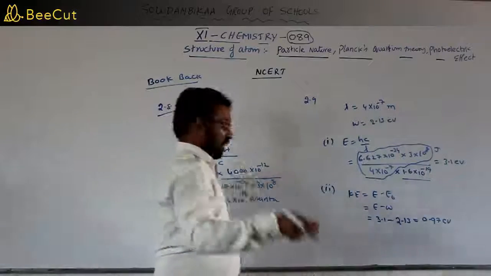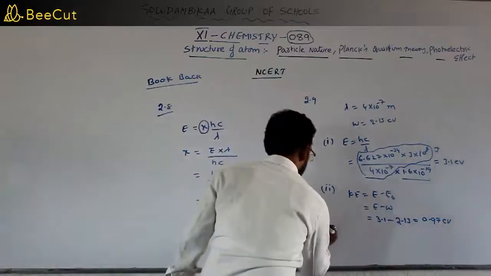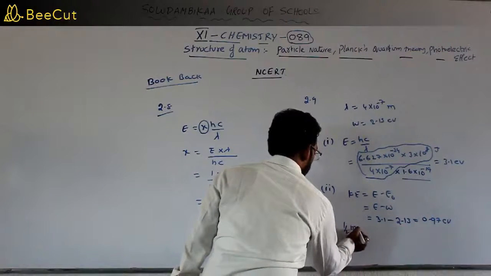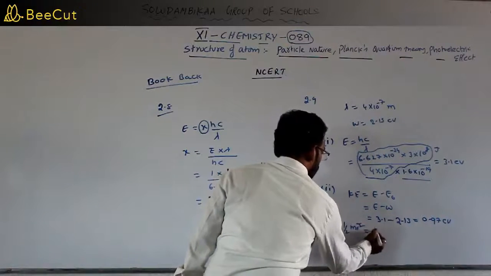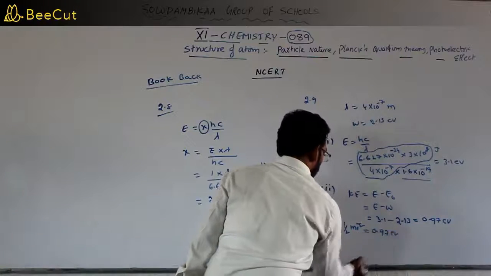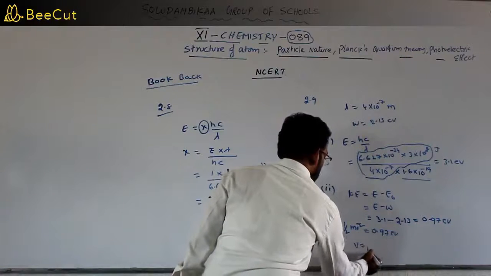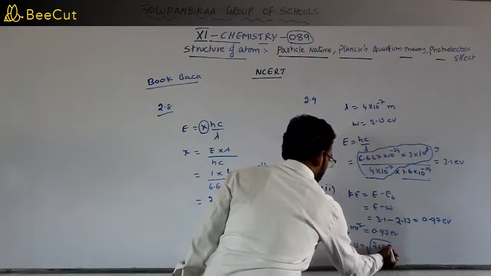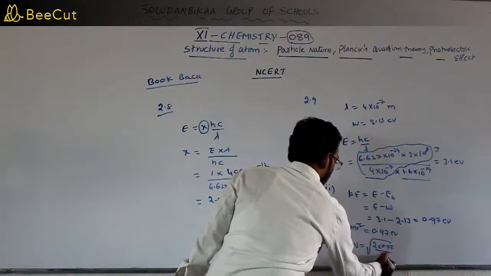Now the velocity of the electron, the third one. We know that kinetic energy K is equal to 1 by 2 mv square is equal to 0.97 electron volt. Now v is equal to the square root of 2 into 0.97 divided by the mass of electron.